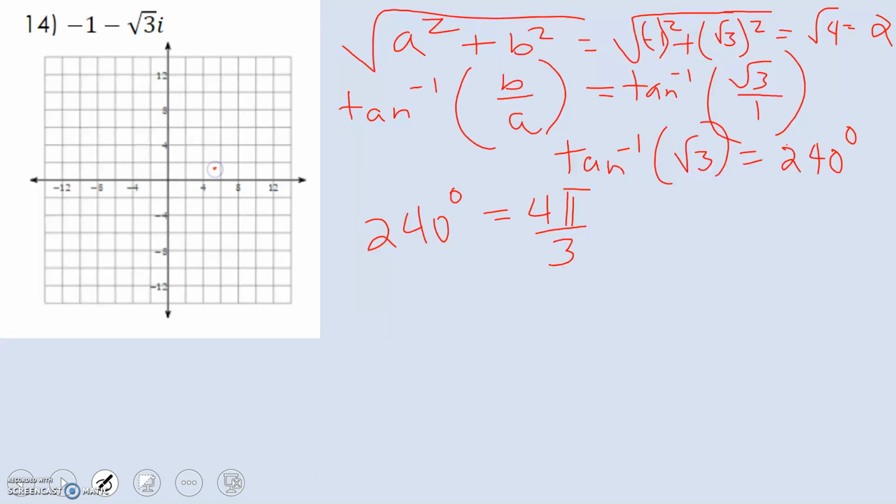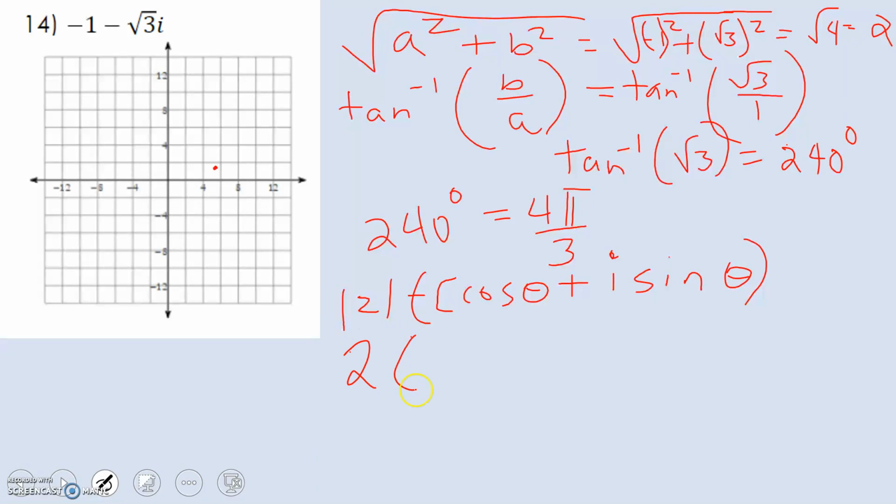We need to use the equation to convert from our complex form to our trig form. The equation is absolute value of z times cosine theta plus i sine theta. The absolute value is 2.